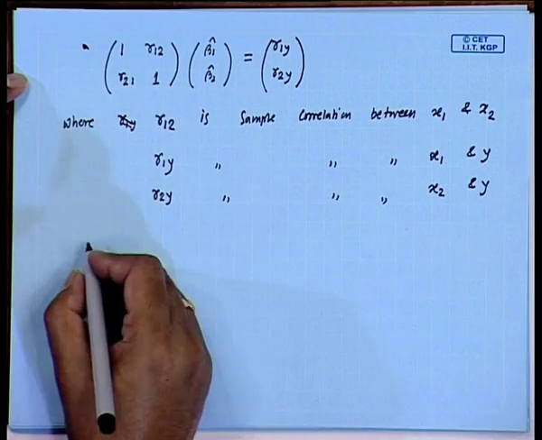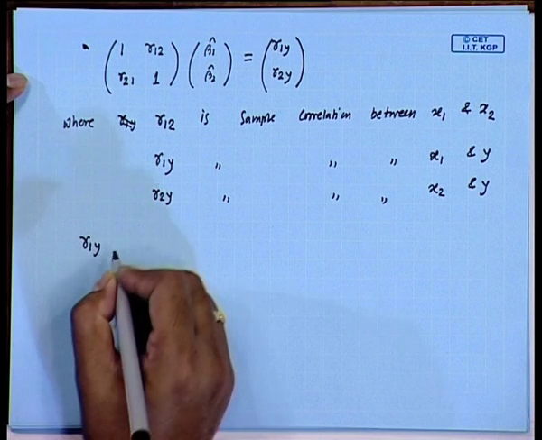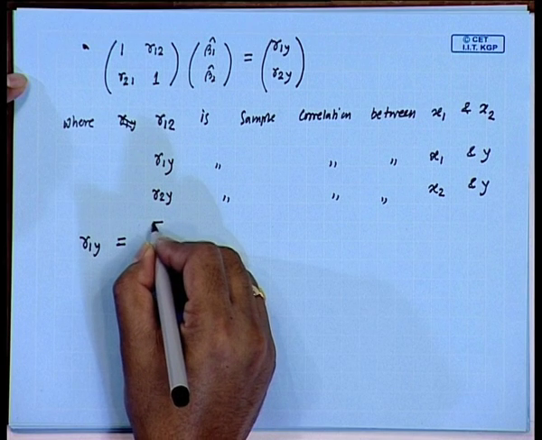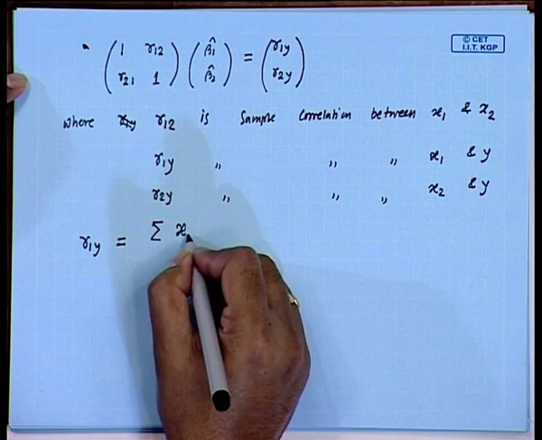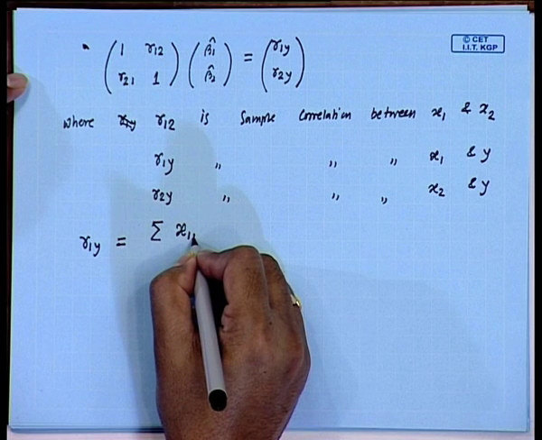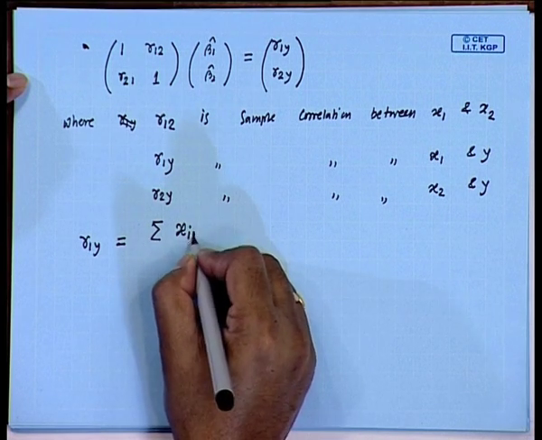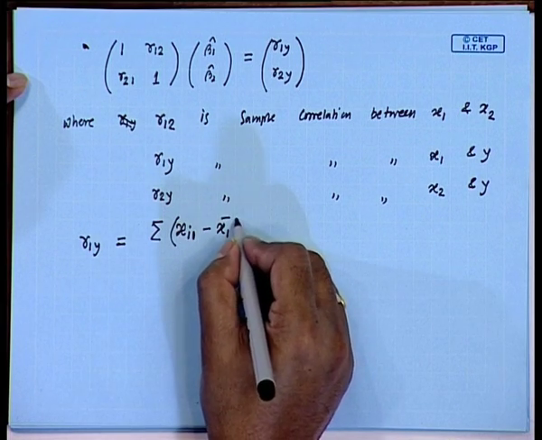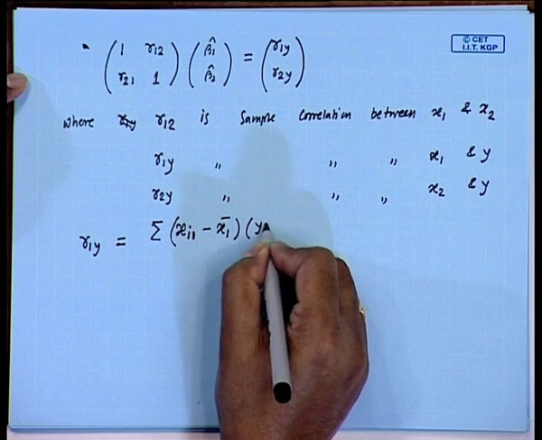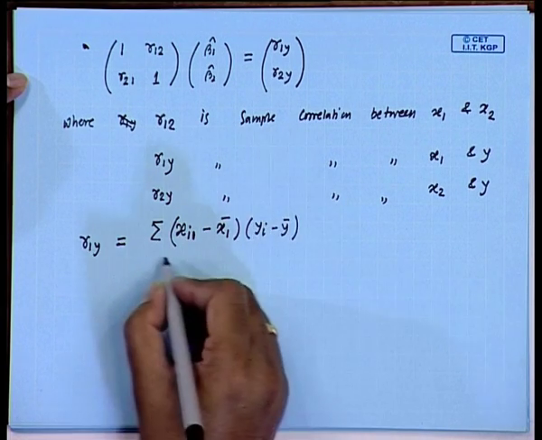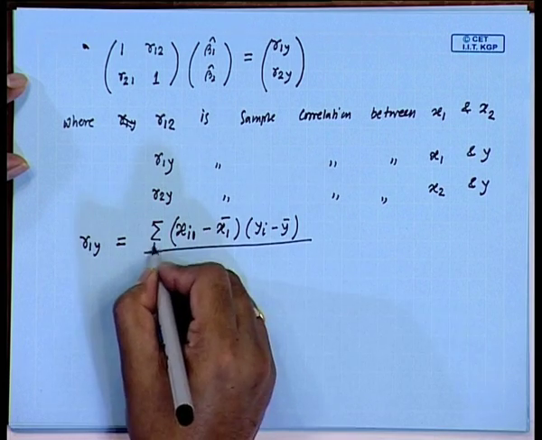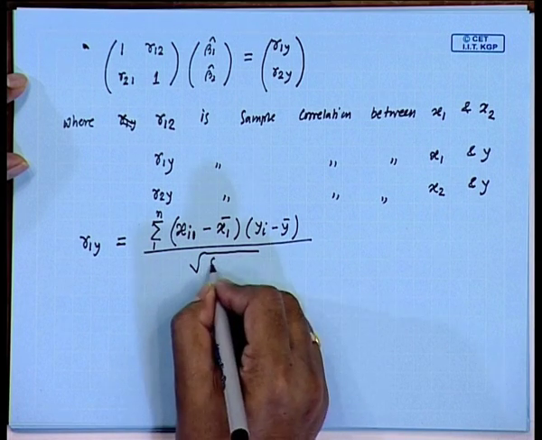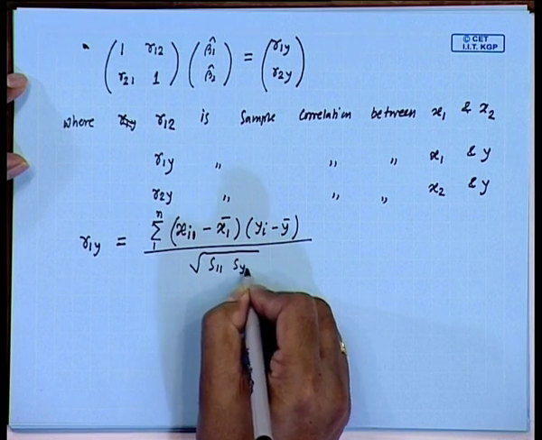So, what is the formula of R1y? R1y is equal to the sum over i from 1 to n of (x_i1 minus x1 bar) into (y_i minus y bar), divided by root of s11 syy.